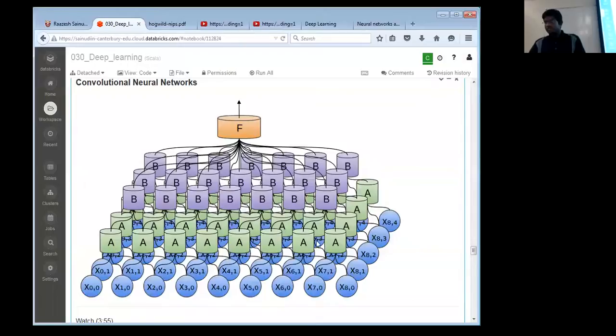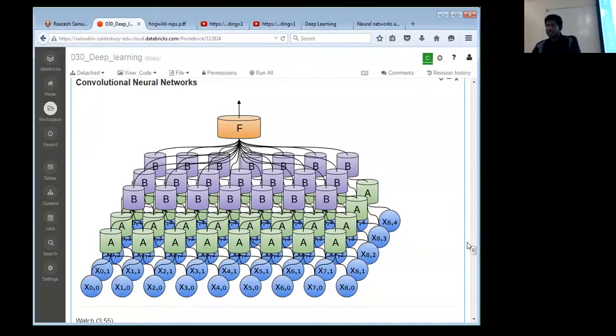The green one is the first hidden layer, the blue is the second hidden layer, and F is, let's say, the output, this orange one. And the connections you see to this green layer are from adjacent circles. So if you imagine this input layer as an image, adjacent pixels are given as input to the first hidden layer, and so on to the next layer as well.